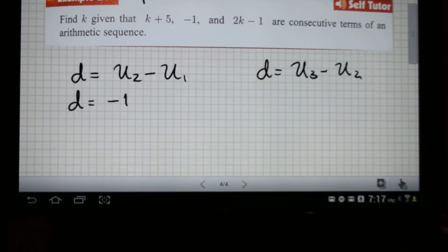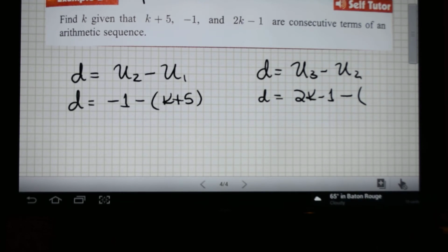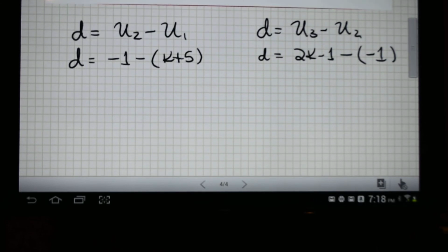So negative 1 minus (k plus 5). Make sure you put that in parentheses. U3 is 2k minus 1 minus, this one doesn't need to be in parentheses because it's before the minus, so minus negative 1. Negative 1 minus k minus 5.